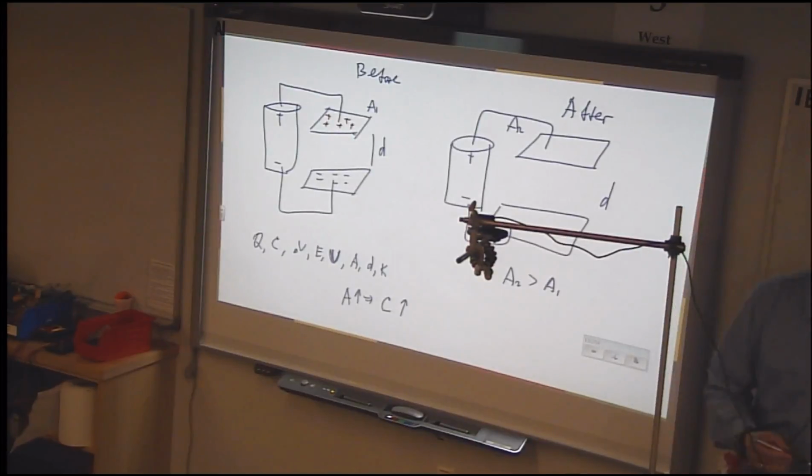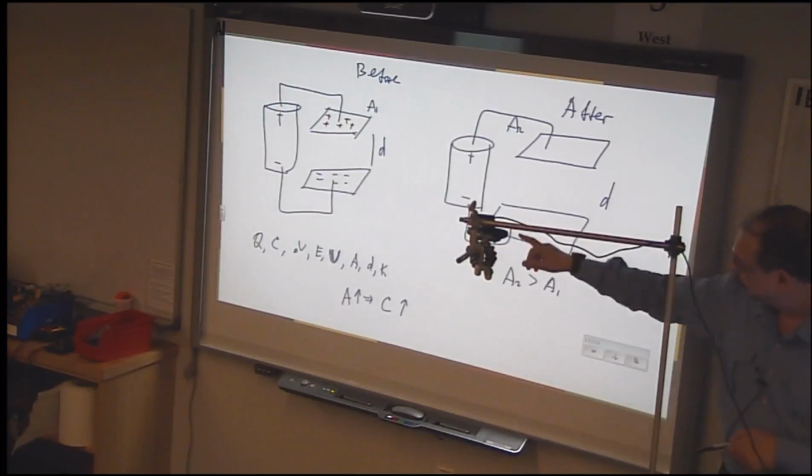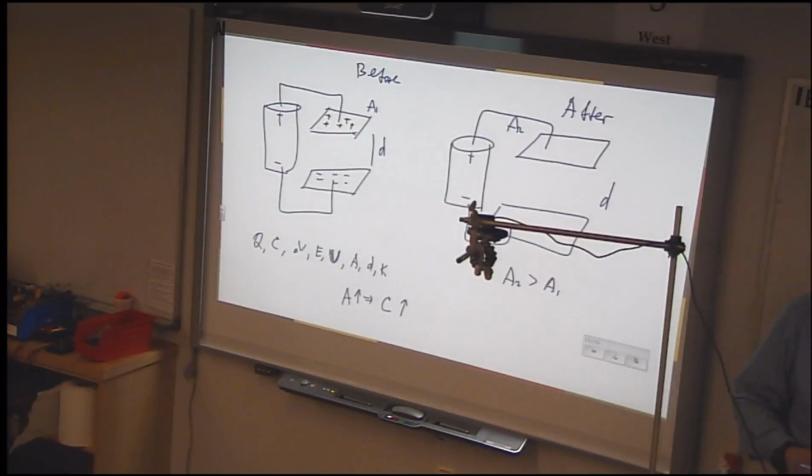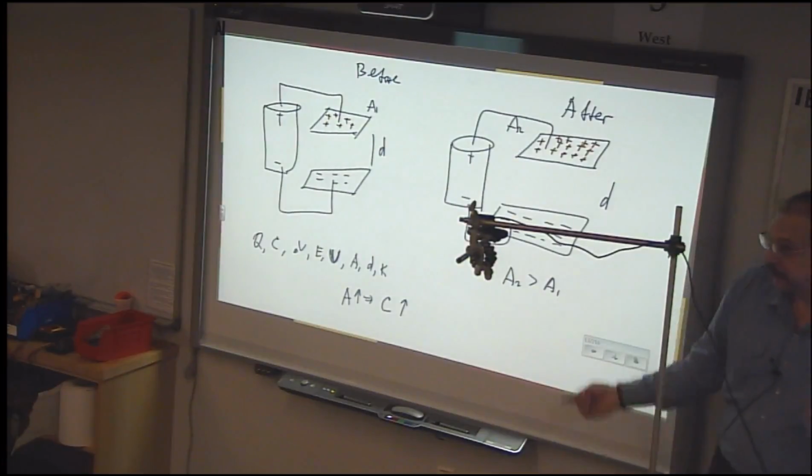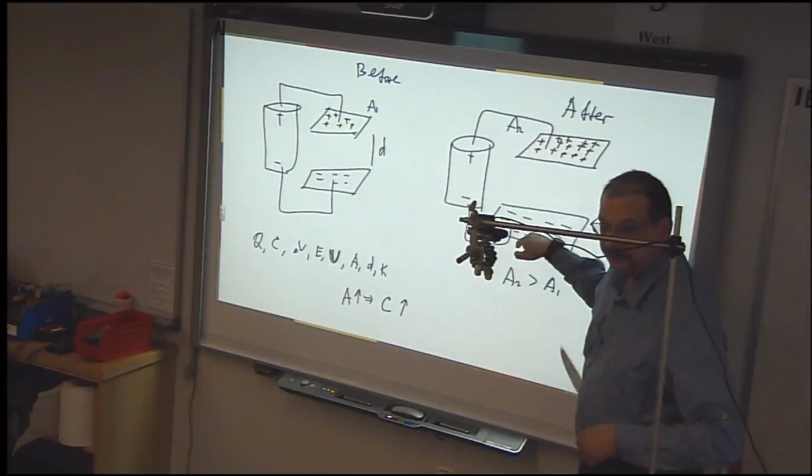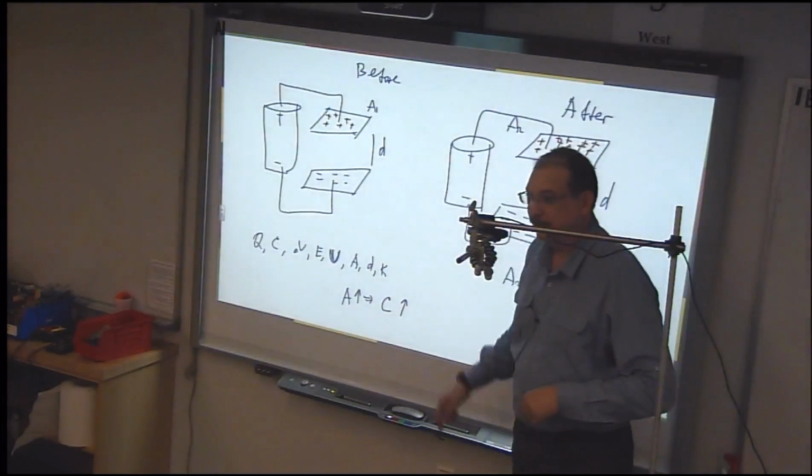So if we had like 6 electrons, now we should have more, so more electrons should be removed from the top plate and pumped down to the bottom plate.